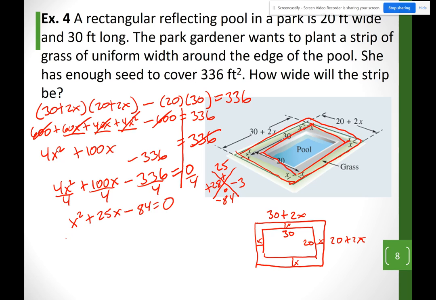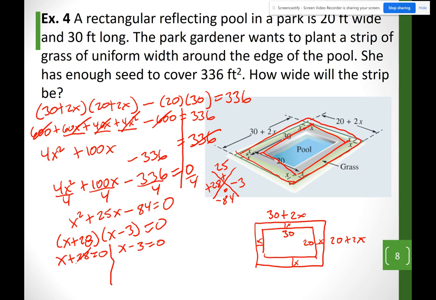So the way I'm going to factor this will be x plus 28 times x minus 3 is equal to 0. I'm factoring, so I'm going to let each of my factors equal 0. x plus 28 is equal to 0. Work that out. x minus 3 is equal to 0. And then work that out.